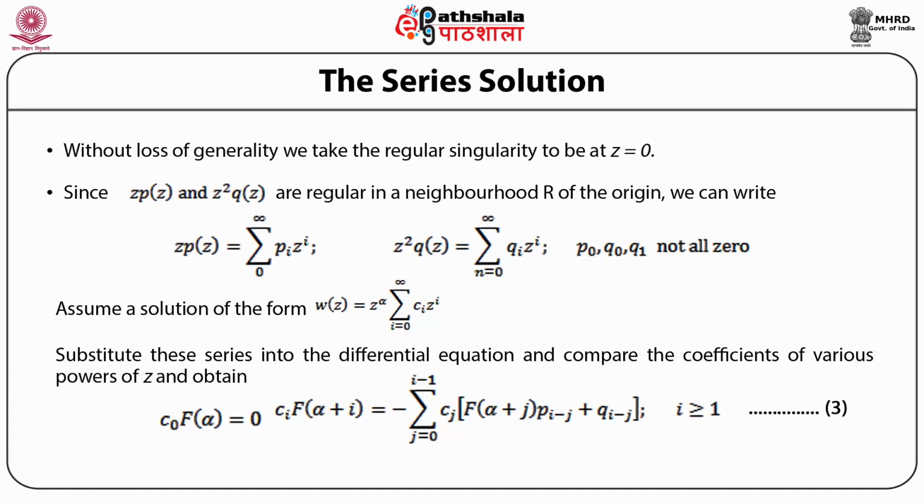Another recurrence relation is given by c_i times capital F of alpha plus i is equal to minus summation over j going from 0 to i minus 1 of c_j multiplied by, within the brackets, f of alpha plus j times p_(i minus j) plus q_(i minus j), where i is greater than or equal to 1.